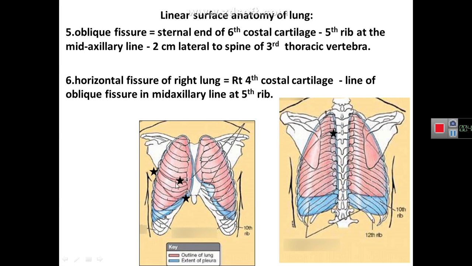While the horizontal fissure, which is only present in the right lung, will be drawn by a line connecting a point at the 4th costal cartilage near the sternum till meeting the oblique fissure at the 5th rib in the mid-axillary line.